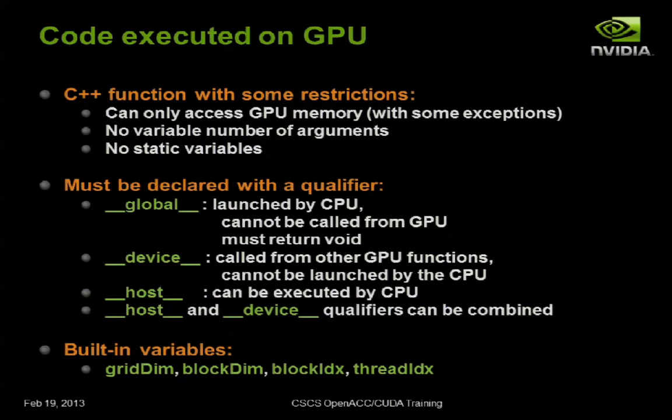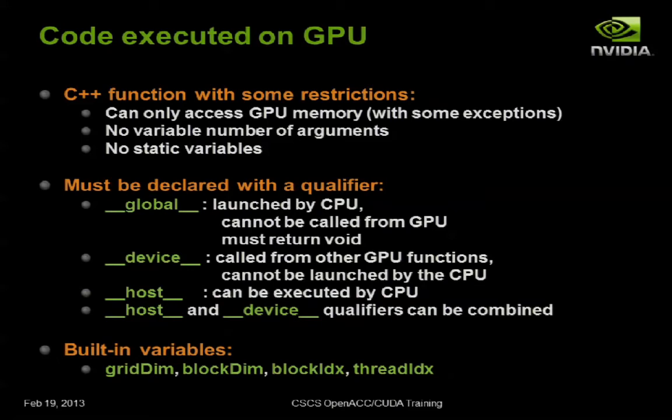So __host__ says that this function is only visible on the host. Well, that's actually the default for all the code that will be executed on the host itself. So there's no real need to specify the host attribute. The device attribute can be useful. That's for functions that will be only called from within a kernel.